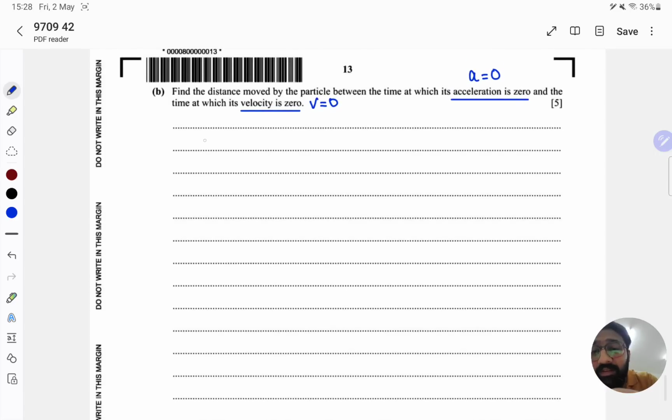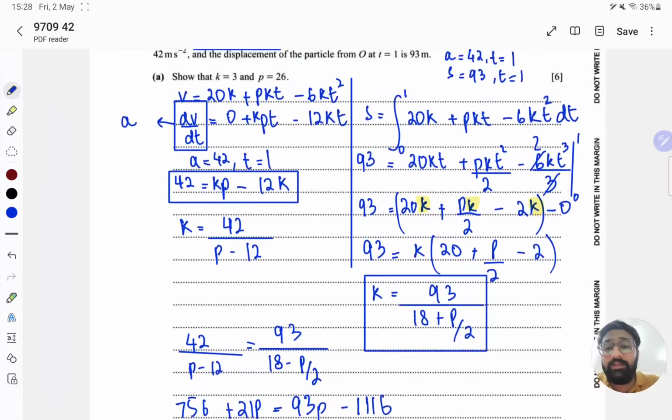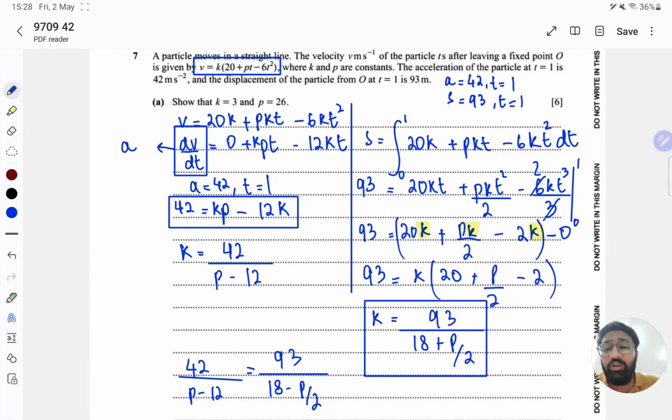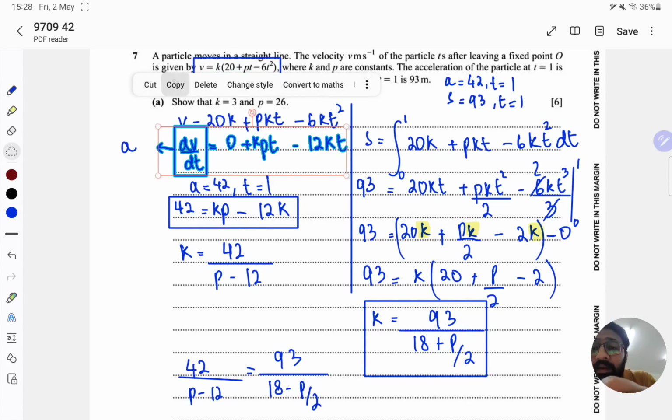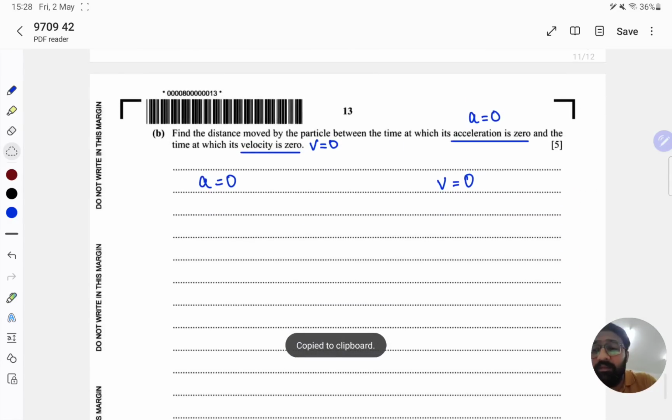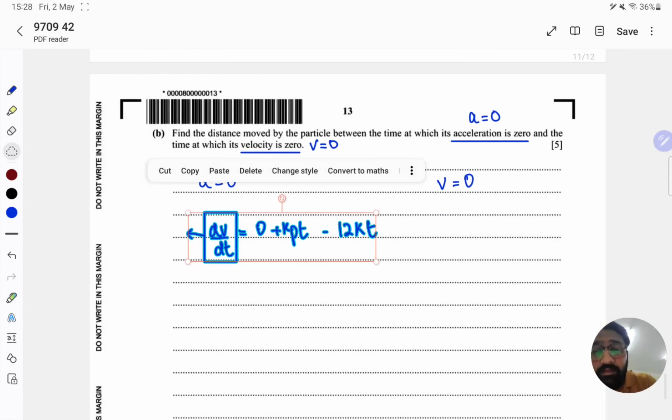So let's take these two scenarios: when the acceleration is 0 and the other when the velocity is 0. We know that the acceleration is 0. We already have found an expression for that, and the expression is this.